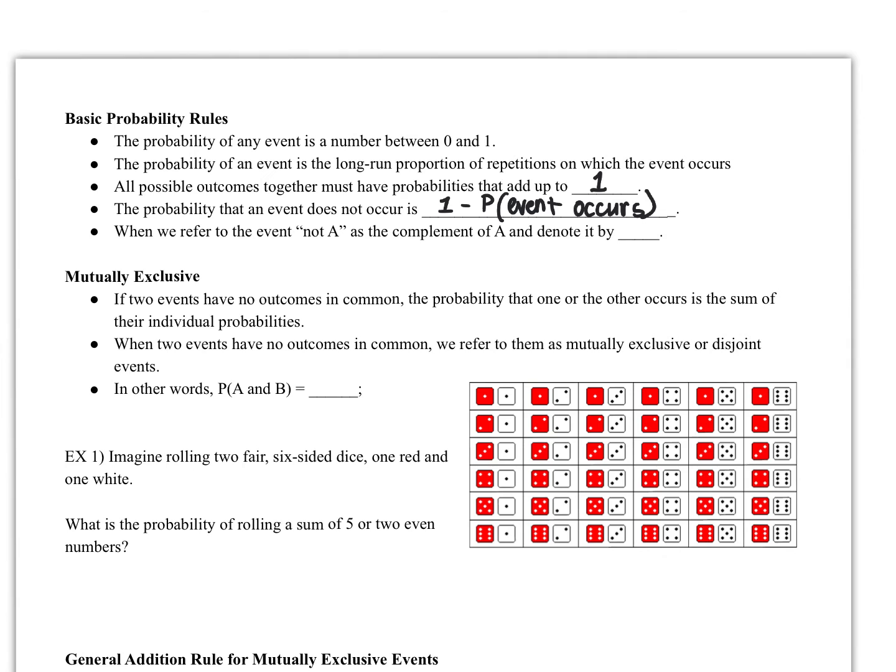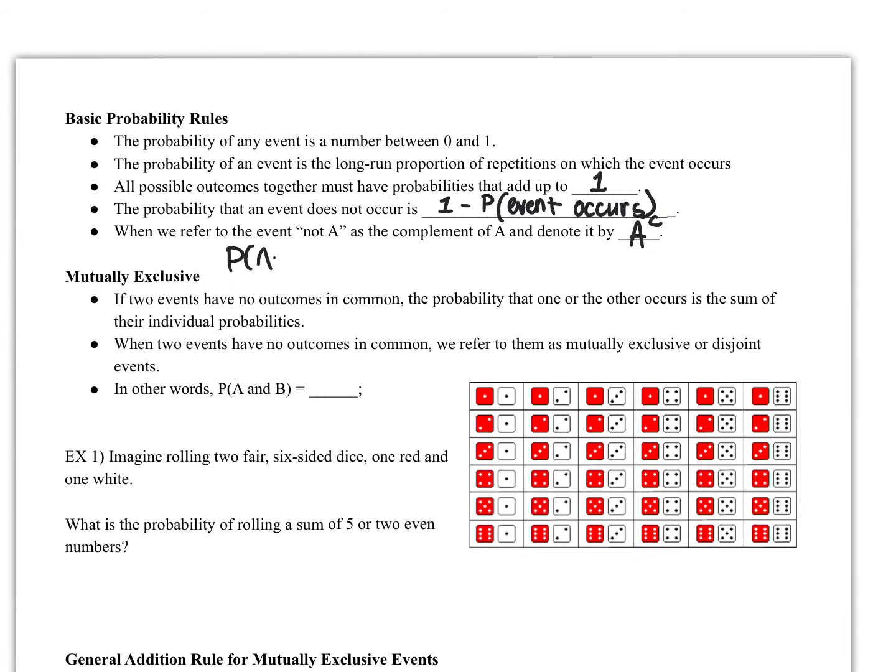So referring to an event not A, or not occurring, is called a complement, and we denote it by whatever the event is called with an exponent of C. There's a couple different ways you can see this.